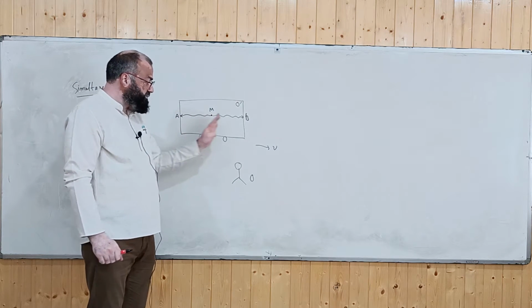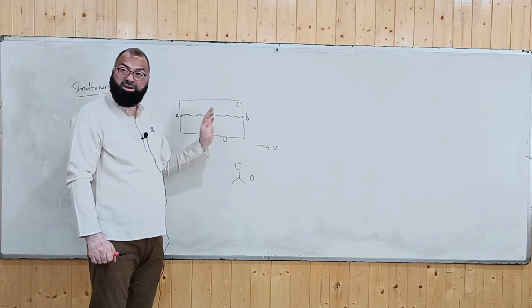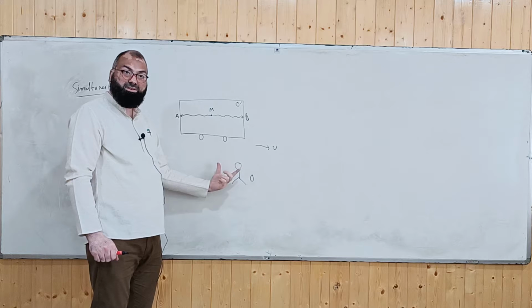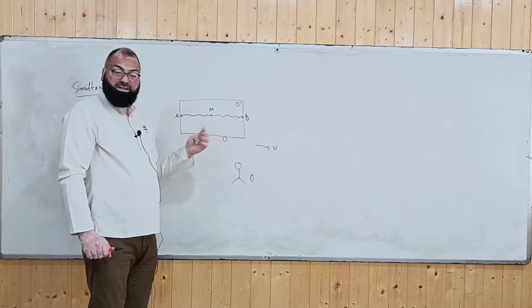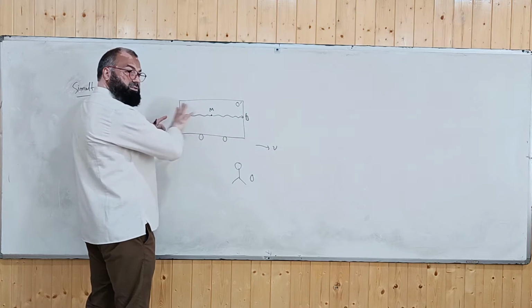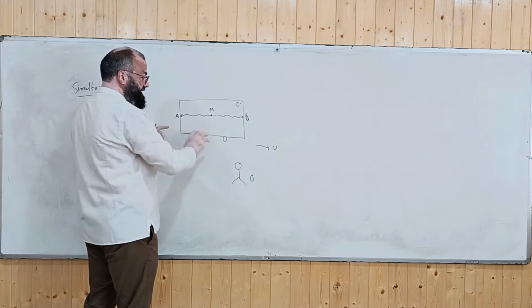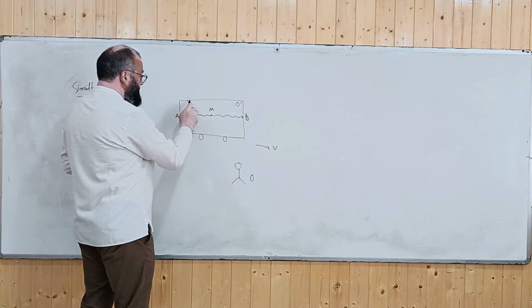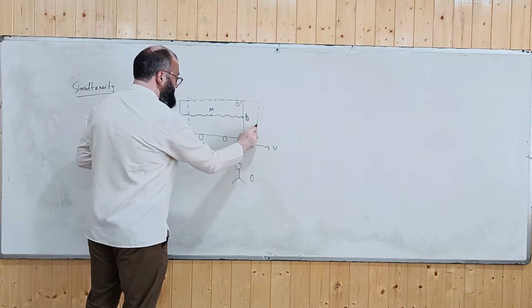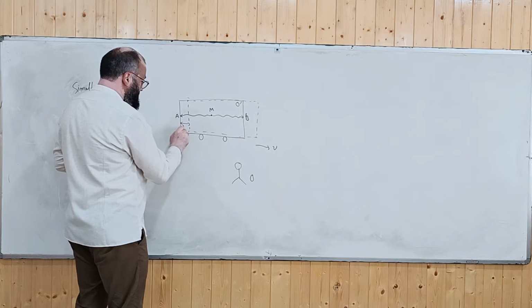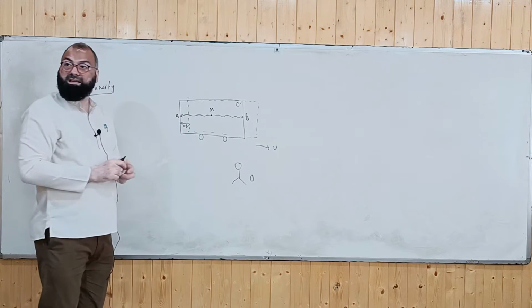When this moves with the velocity v, what does the ground observer observe? He will see the rail car moving with a certain velocity v, and he will see the ends at some distance vt.